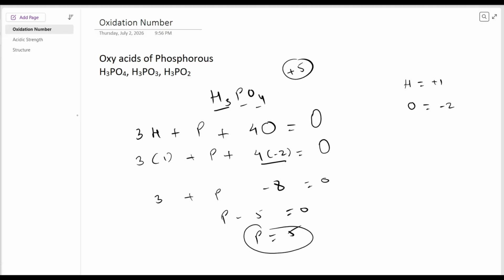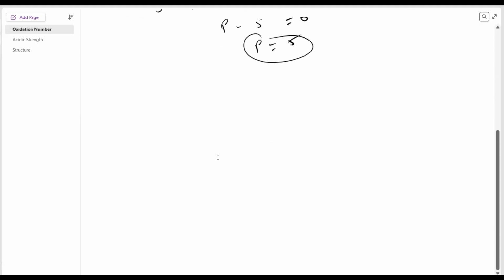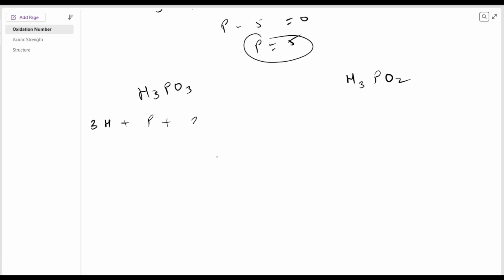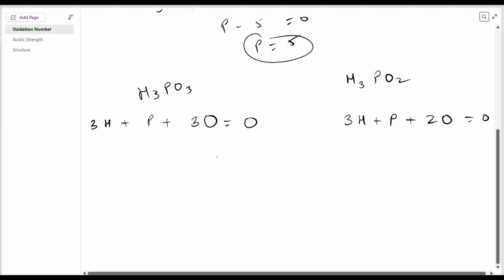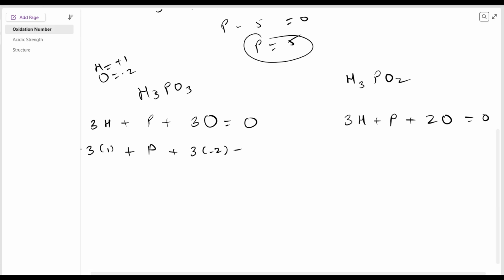Similarly, we can find out the oxidation number of H3PO3 and H3PO2. We have three hydrogen, one phosphorus, and three oxygen for H3PO3, and three hydrogen, one phosphorus, and two oxygen for H3PO2. Again, putting hydrogen as +1 and oxygen as -2, we have 3 into 1 plus phosphorus plus 3 into -2 is equal to 0.